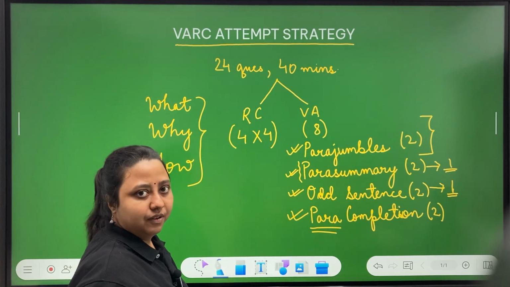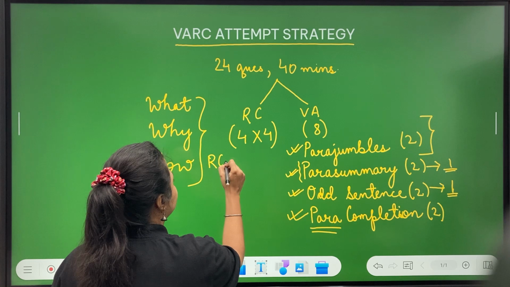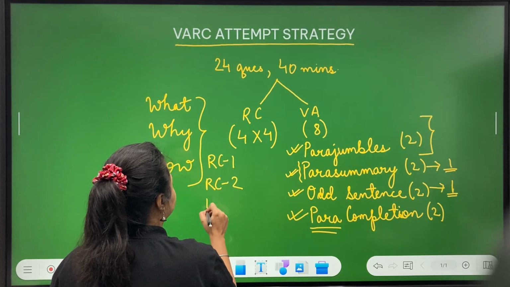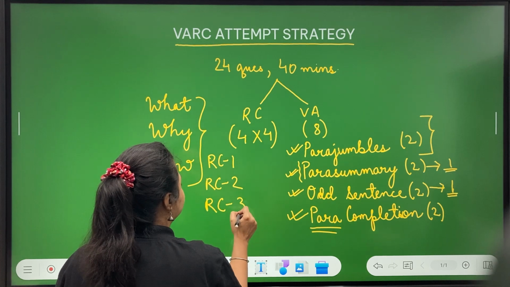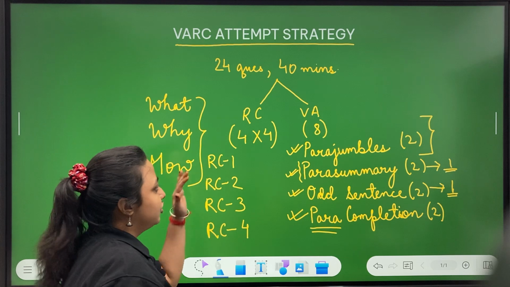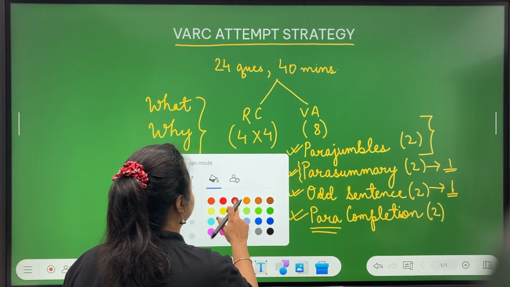4 RCs होते हैं CAT में, ठीक है. So usually this is what I have seen. So let's say RC1, RC2, RC3, RC4, 4 RCs हो गए, ठीक है. Now what have I usually seen?